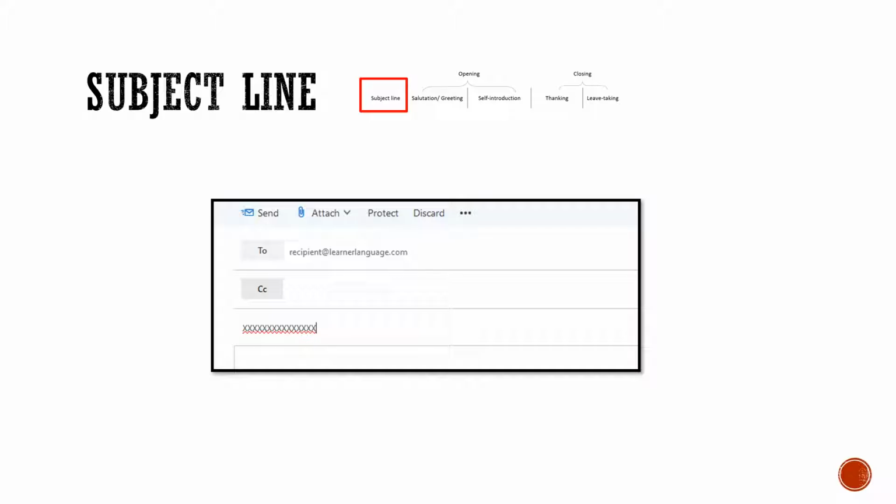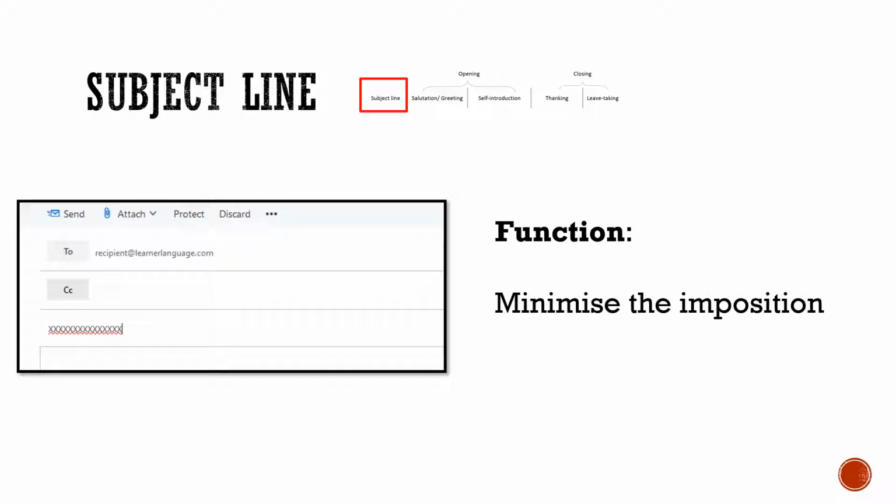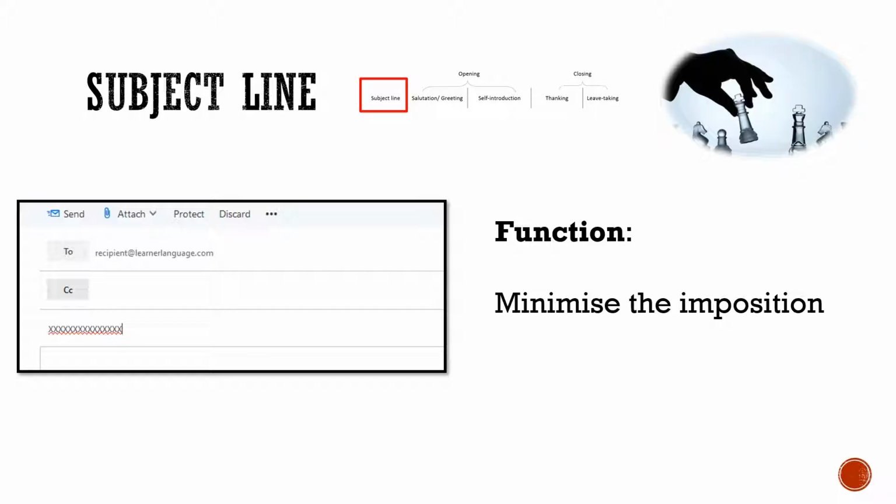And so this is a general strategy for making a request. Do not make the request itself a problem. In other words, minimize the imposition. You want to do everything you can to make it easy for the person to say yes.